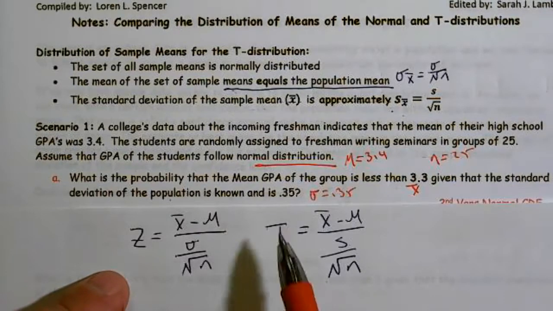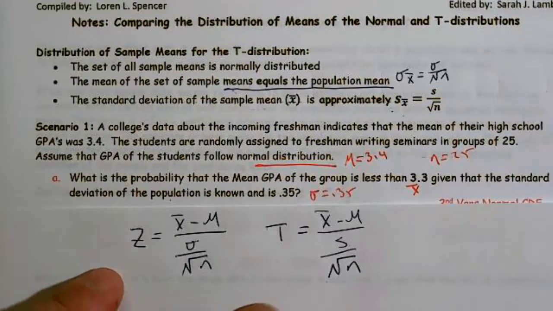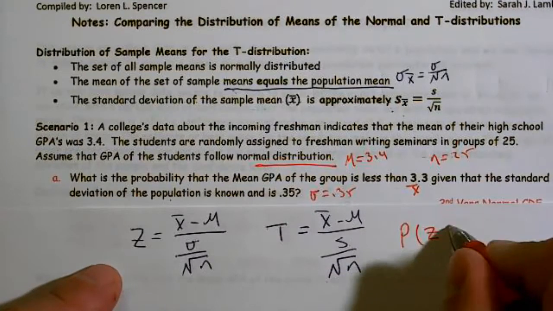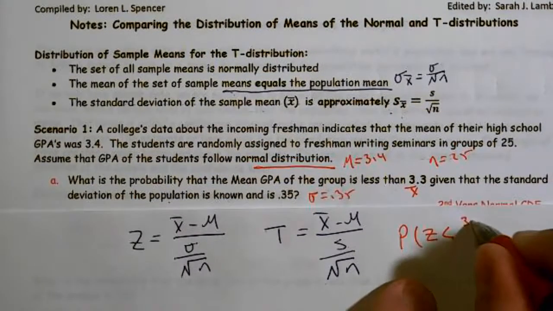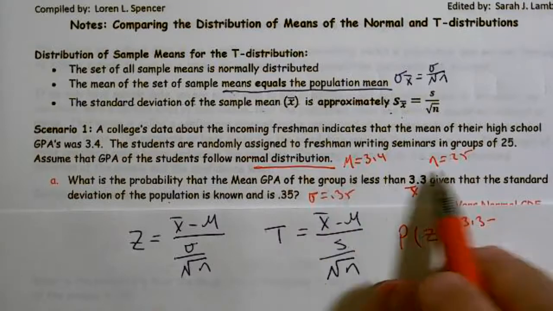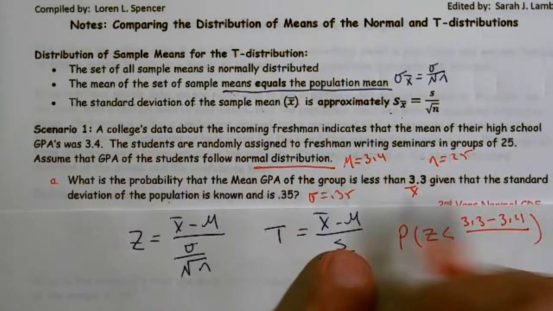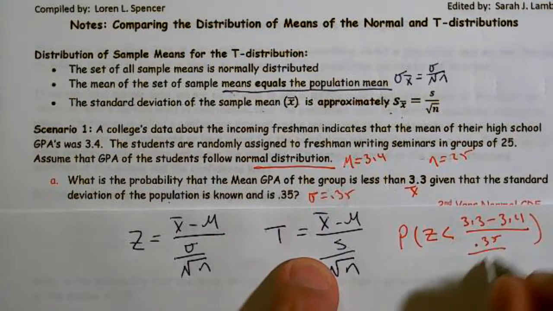So we know the standard deviation of the population, so we can use Z. What we're looking for is the probability that Z is less than 3.3 minus the population mean of 3.4, divided by the standard deviation 0.35 divided by the square root of our sample size, 25.